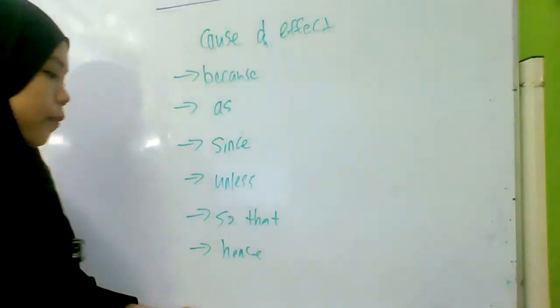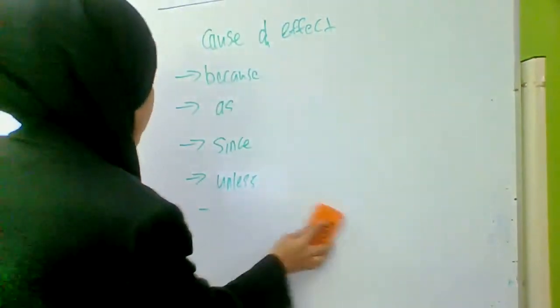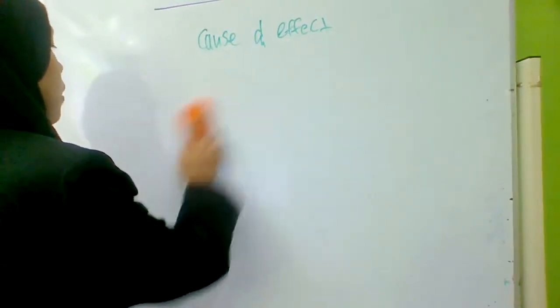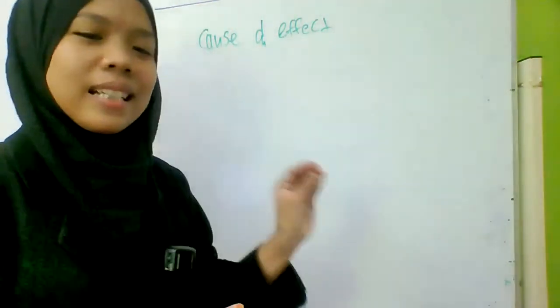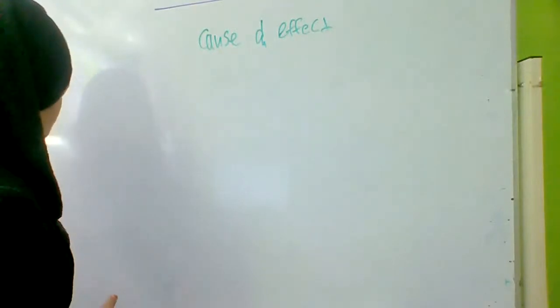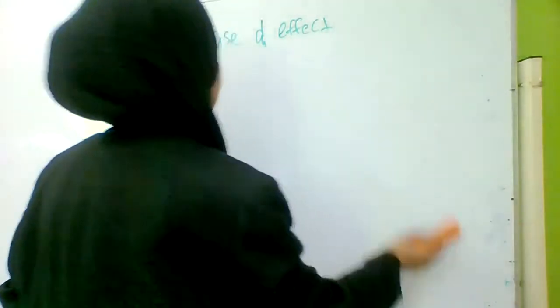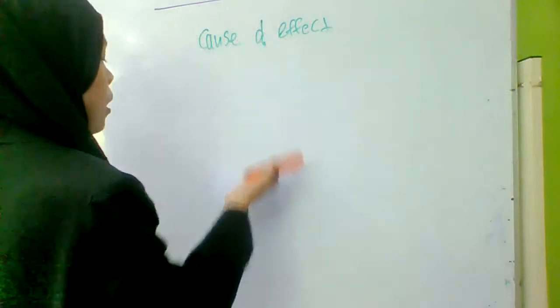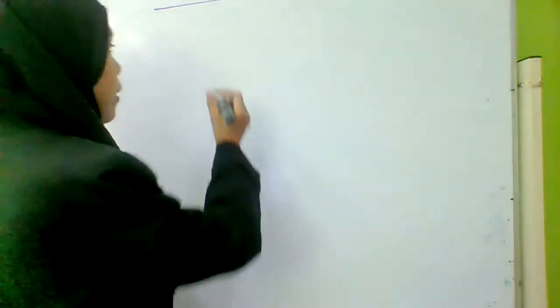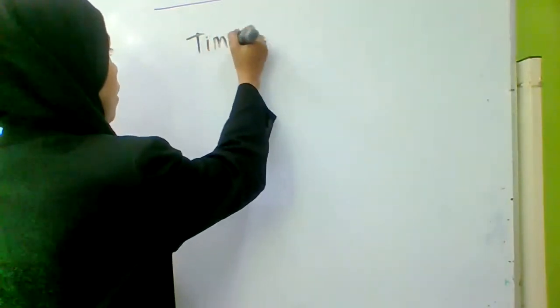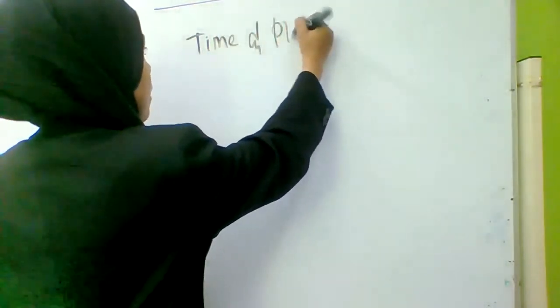Right, so next we move to the subordinating conjunctions that signal relationships for place and time. The previous one was about cause and effect. Now we're moving to the next one, for time and place.